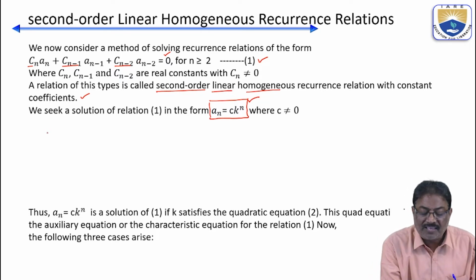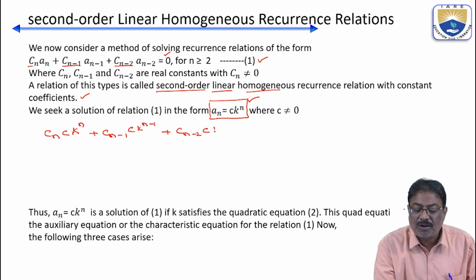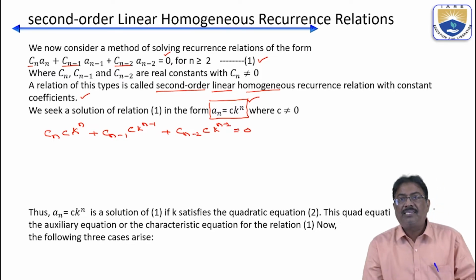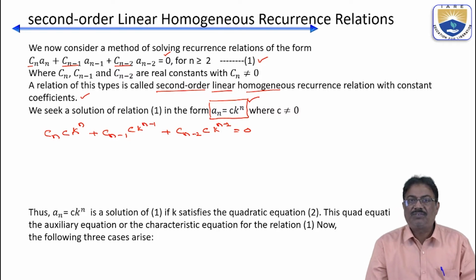So here c_n times c k^n, I am just substituting, then c_{n-1} times c k^{n-1} plus c_{n-2} times c k^{n-2}, which is equal to 0. I just substituted because it is the solution for equation 1.